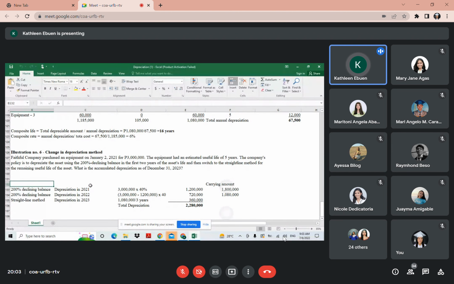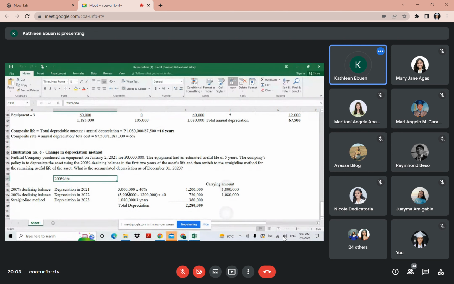Okay, so alamin muna natin magkano yung depreciation ng December 31, 2021, 2022, and 2023. Okay, so for 2021, gagamit daw tayo ng double declining method, 2021 and 2022. So that is 200% over life or 2 over life.